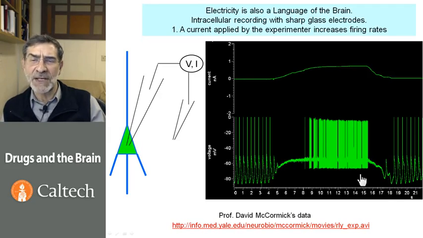There are lots of interesting aspects of this experiment. The important point, though, is that by controlling the current that we pass across the membrane, we can control the firing frequency, and that the firing frequency is the most important message that one neuron sends to another.